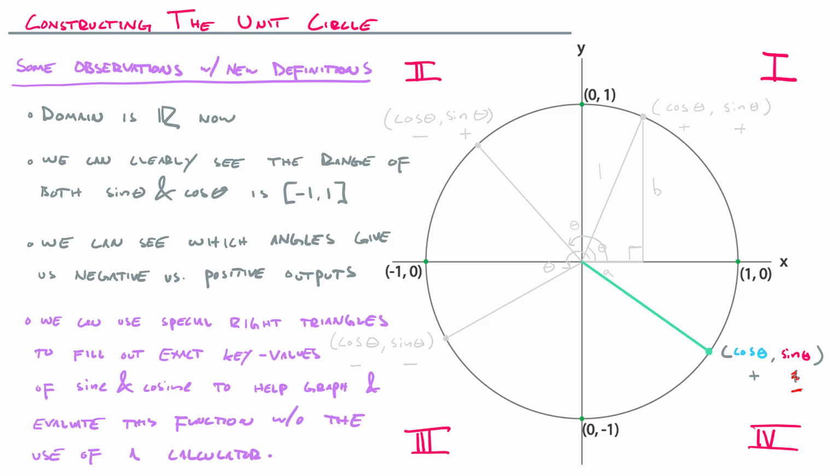Also, we can use special right triangles to fill out exact key values of sine and cosine to help graph and evaluate the function without the use of a calculator. We just finished talking about special triangles, and we're immediately going to see that their application helps in constructing the unit circle.